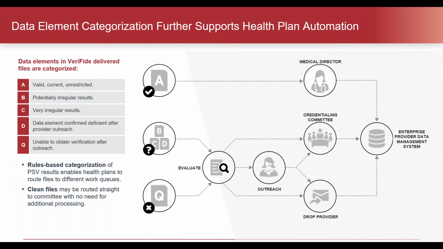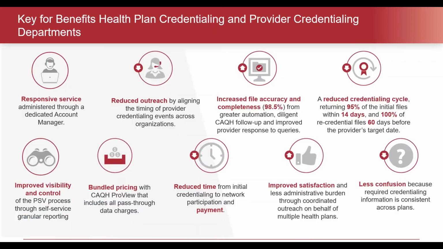We put that into buckets and share that with you, allowing your teams to work on the most vulnerable or risky files first, and establish an automated process that helps you to ingest those records more quickly.